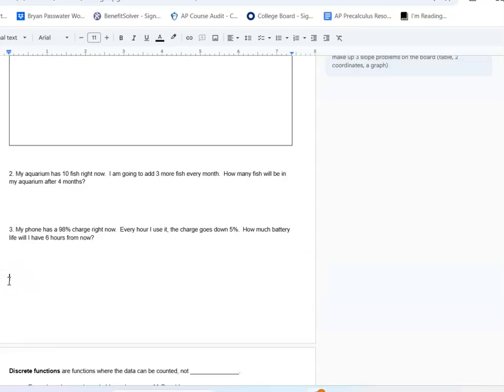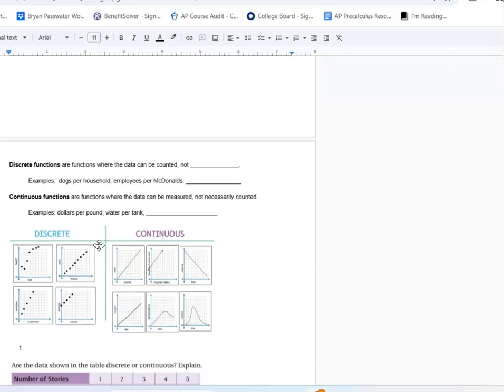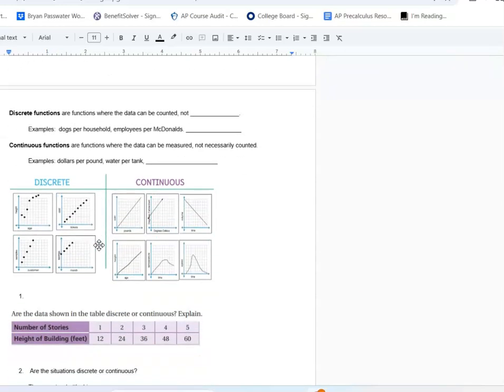The reason I wrote these two problems is that one is what's considered a discrete situation. Number 2 is a discrete situation, and number 3 would be a continuous situation. I'll discuss what I mean by those things. A discrete function is a function where the data can be counted but not measured.